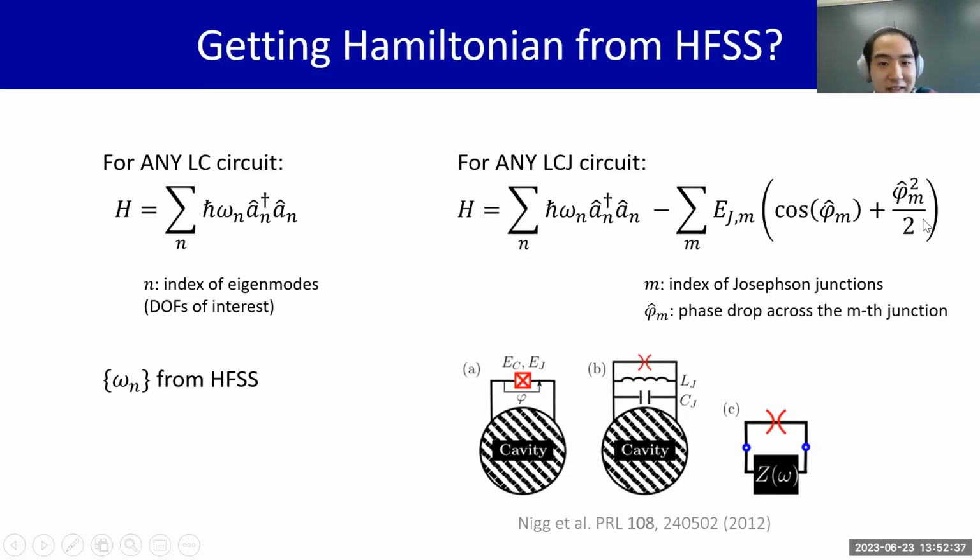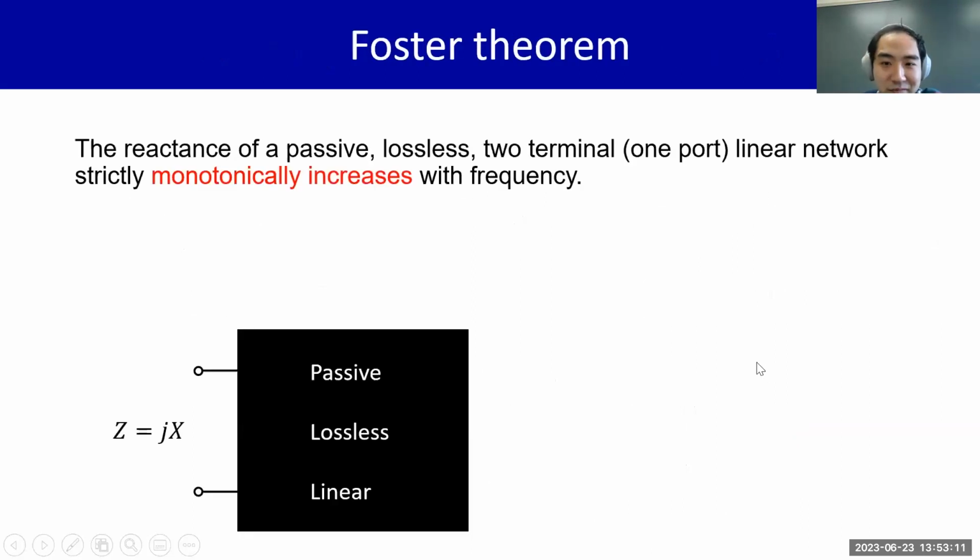So the idea is that when we have a junction seeing a linear environment, we take the linear part of the junction, which we can model as an L and C, and combine it along with the rest of the environment as one black box, that is one response function. Whatever is in the parentheses, the cosine with the quadratic potential taken away, is modeled by this spider component, which is just the nonlinearity of the junction.